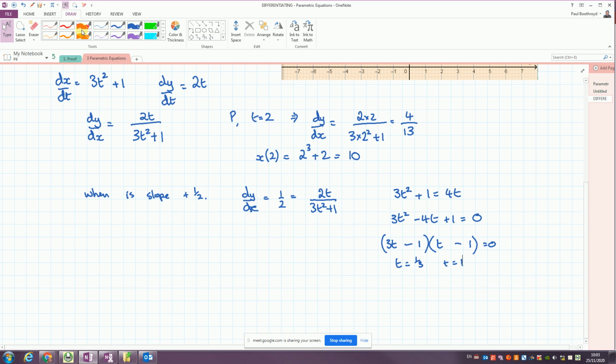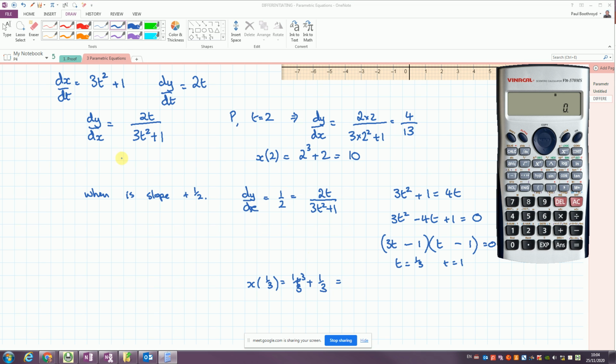So using the values we've got, let's say x of t when t is 1/3 is t cubed plus t, so 1/3 cubed plus 1/3. So put in the 1/3 and store it as a value. Shift and store into a variable, we'll call it A. The reason I'm doing this is because I need to do this again in a moment.